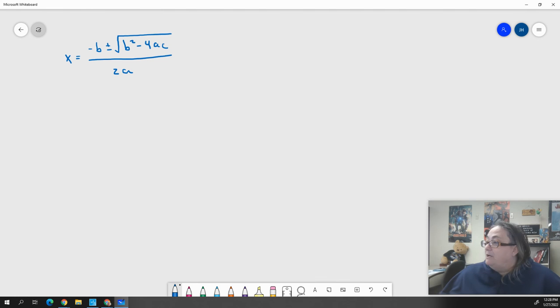Today, what we're going to focus on really is just this bit underneath the square root. And that is what we call the discriminant. So today's lesson is going to be on the discriminant.